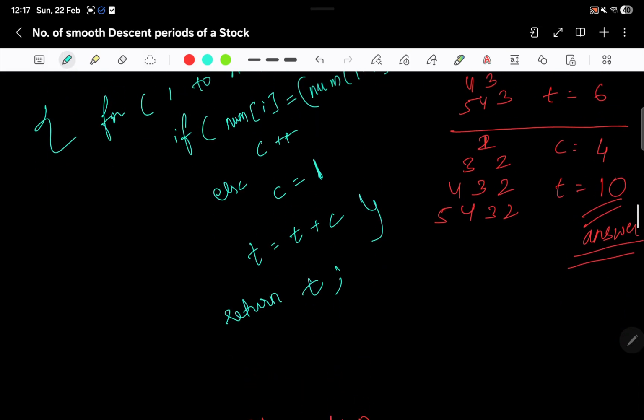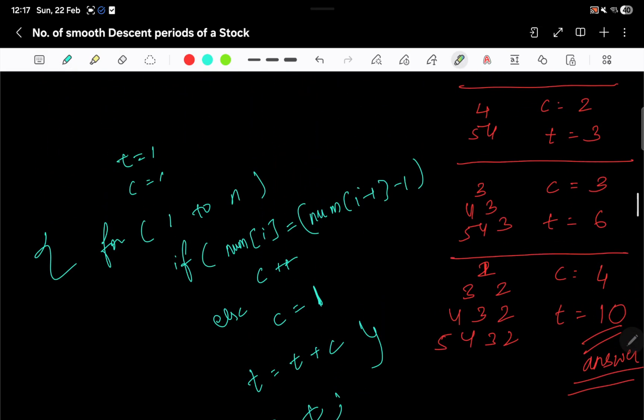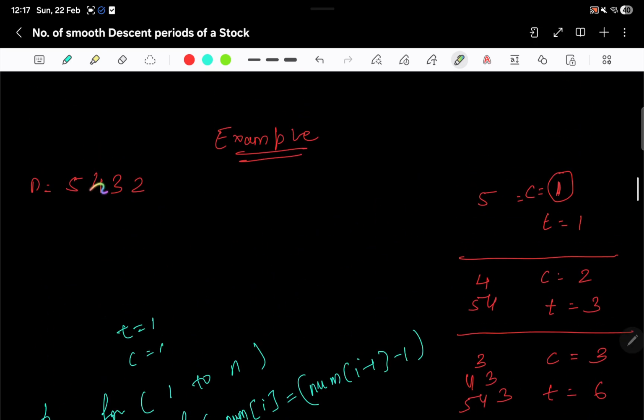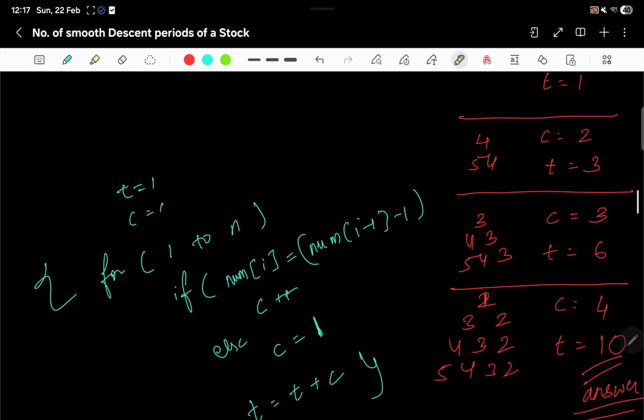Okay, so this is what the answer will be. Also, if you compare it with the n into n plus 1 formula, which was resulting in 10, you will see that this approach will also result in 10, just for confirmation, right? So if you see this pattern, it's a clear hint to use something like this, right?